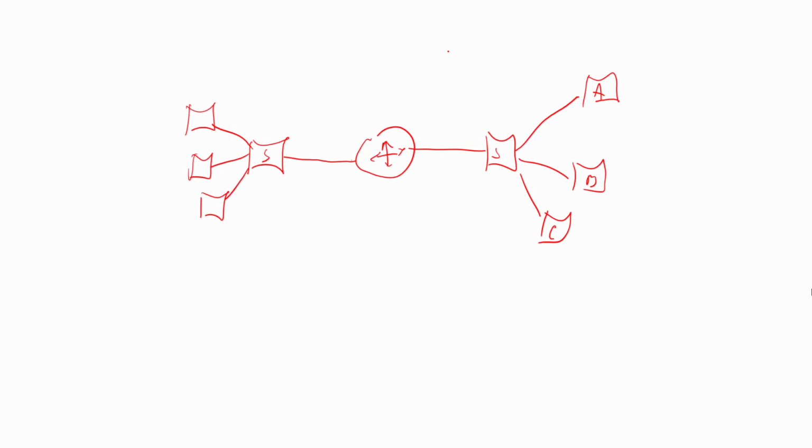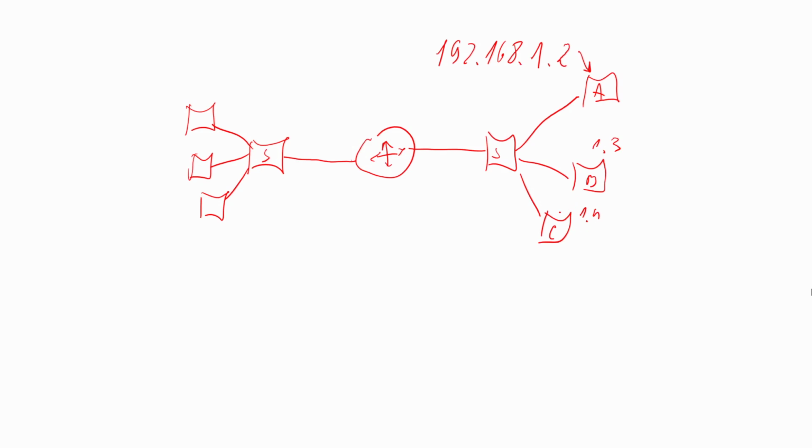For example, if we use 192.168.1, we can start from the second IP address for this one: 1.3 for this one and 1.4 for this one.